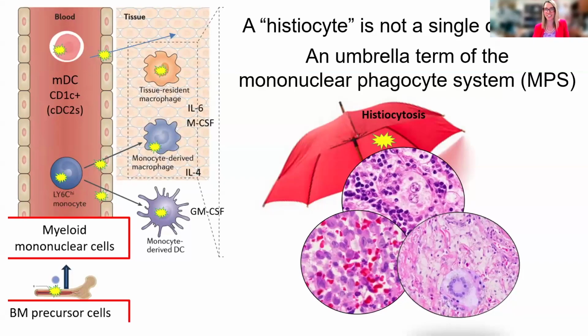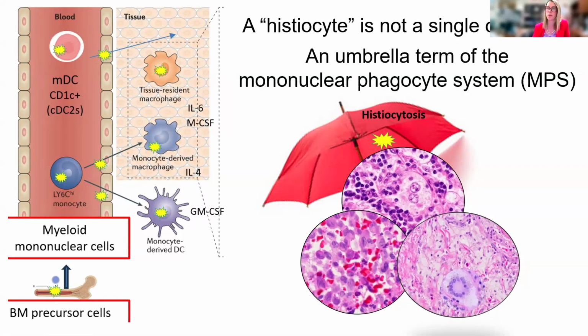So as was discussed, it's important to remember that a histiocyte is not a single cell type. It's this umbrella term we use for the mononuclear phagocyte system. And then knowing within histiocytosis or the histiocytic neoplasms that these are mutated. So while they somewhat recapitulate the de novo tissue cells, there are some variations given when those mutations occur.